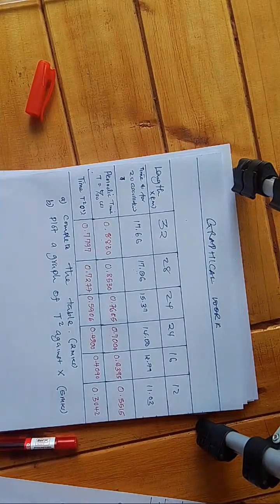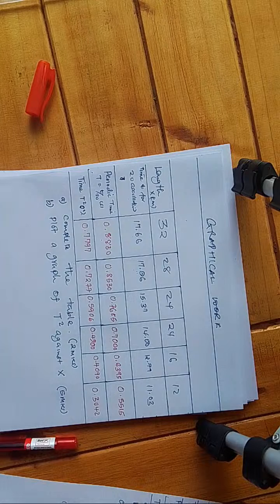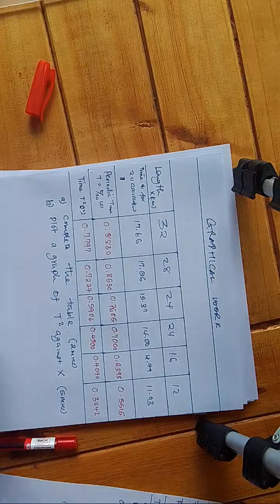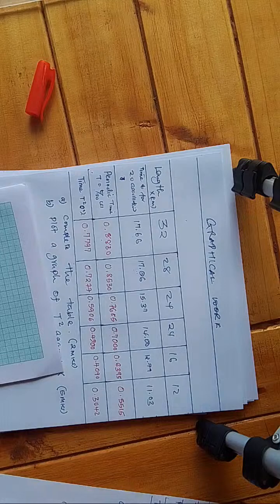In this case, you need to pick your graph paper, and you strictly follow the rules that are required when you are drawing a graph. So now I produce my graph paper in this manner.